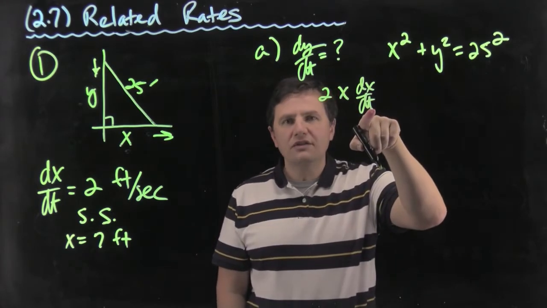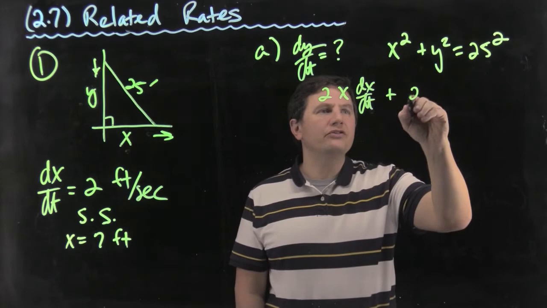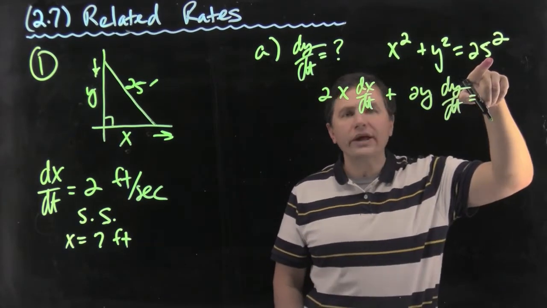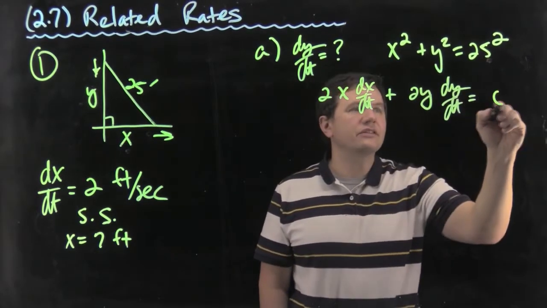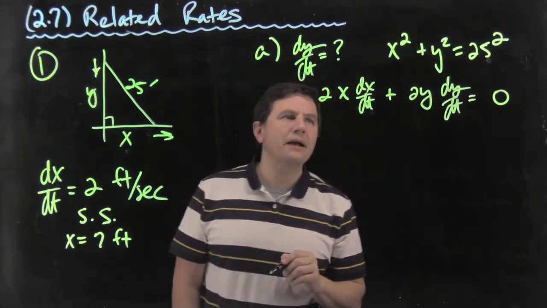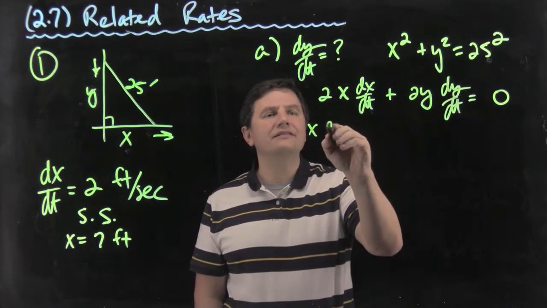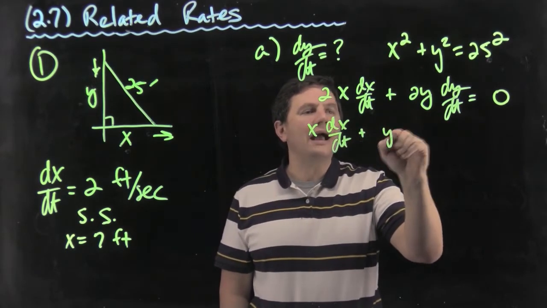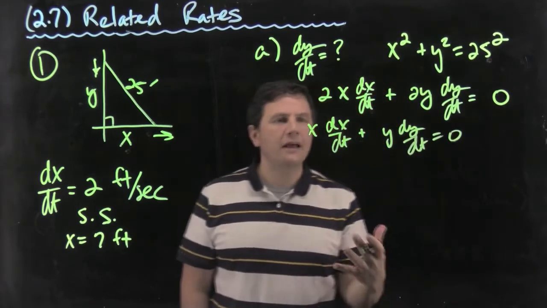I want to show that I have this other variable here, t, which is time. And this other one will be 2y, and then dy over dt. And notice there's no point in figuring out what 25 squared is, because I'm taking the derivative of a constant, that's going to be 0. Now, if I want to make my life a little easier, I can cancel out the 2's and call this x dx over dt plus y dy over dt is equal to 0. So that's step 3 done.